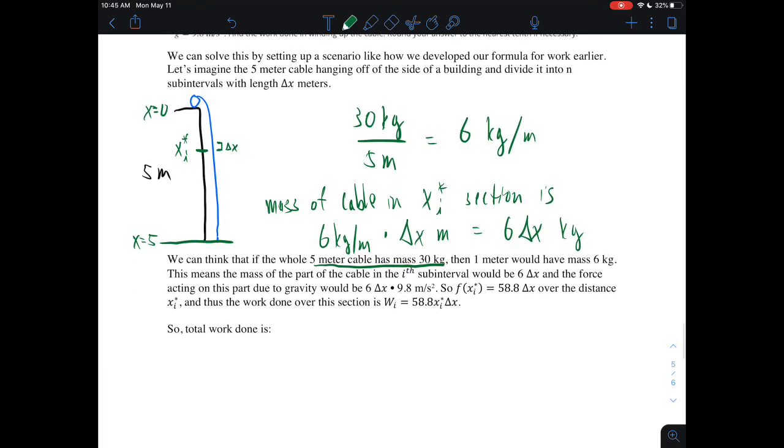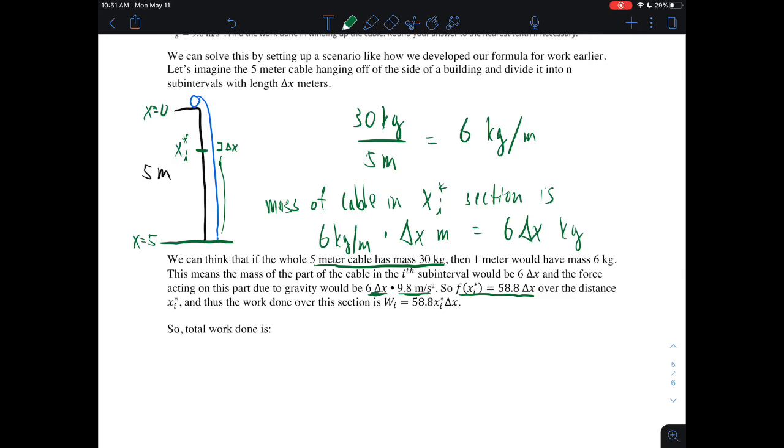Then the force acting on that part due to gravity would be the mass, 6 delta x kilograms, times the acceleration due to gravity, which is 9.8 meters per second squared. So that tells us that the force function f of x sub i star is equal to 58.8 times delta x. And this would be the force that's acting over the distance x sub i star, because essentially we're thinking of lifting it up to that point.